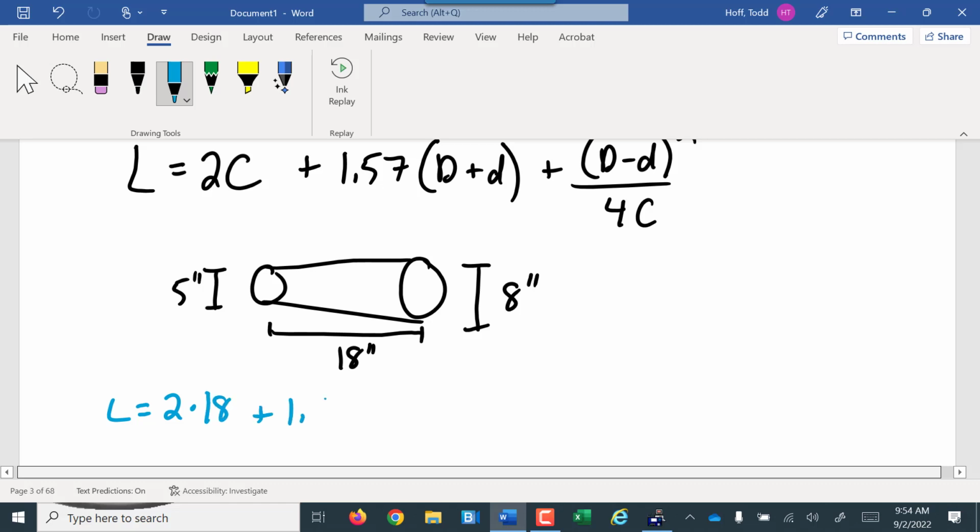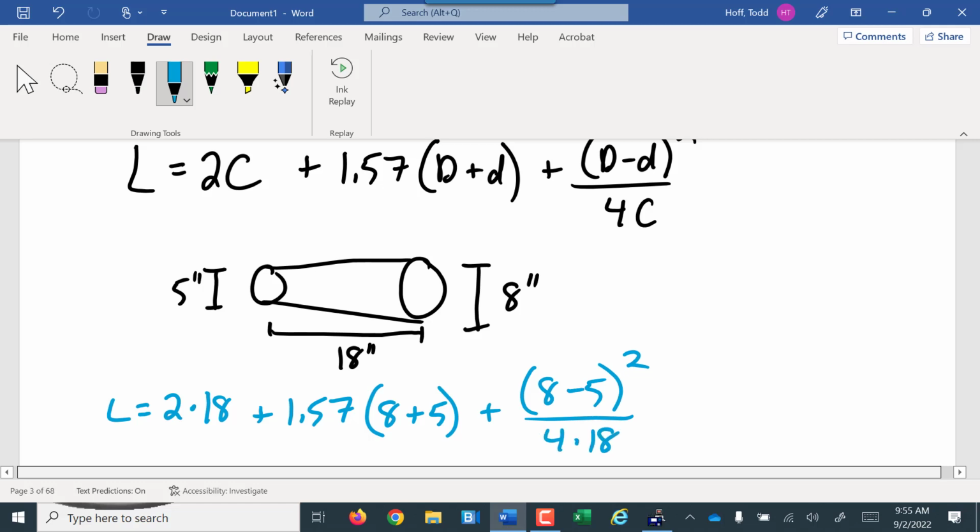Plus 1.57 times what's going to go in our parentheses? 8 plus 5 or 5 plus 8, exactly right. Plus, then our correction factor, 8 minus 5, and then of course squared over 4 times 18.